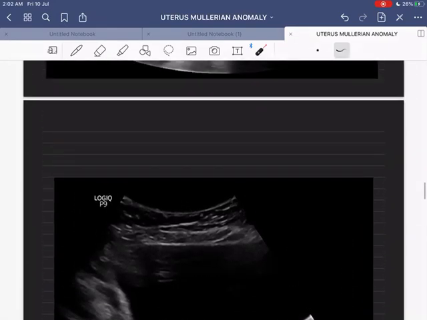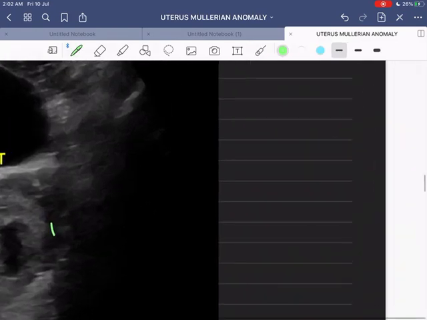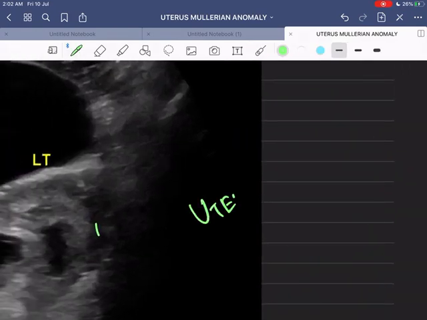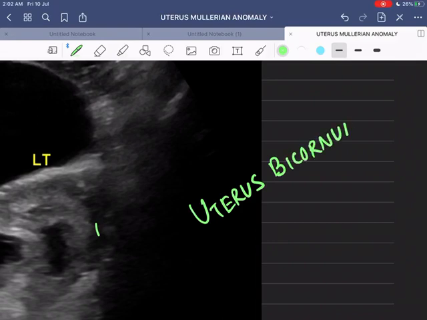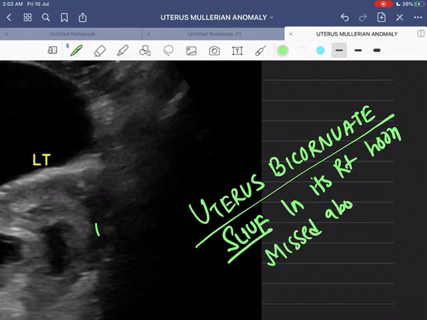So all these put together, the diagnosis was bicornuate uterus with a single live intrauterine fetus in its right horn, whereas there is a missed abortion in the left horn.